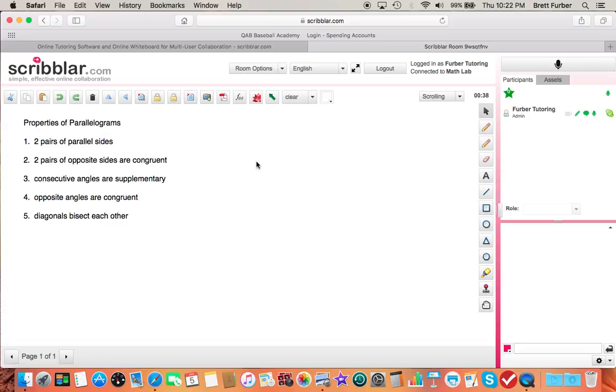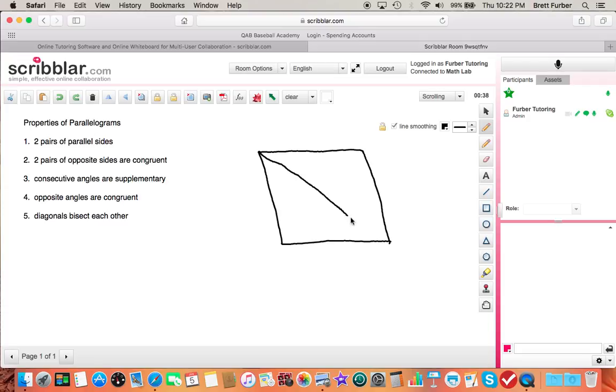All right, so let me draw a large parallelogram. And this time we're going to draw in diagonals.